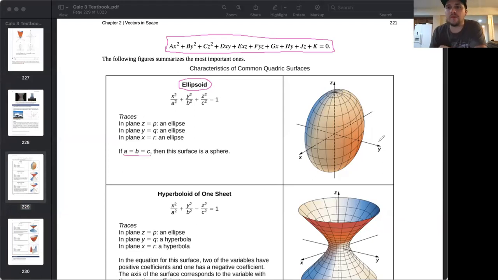Think about a football maybe, but not with the pointed ends, with rounded poles. And so you look at the traces here, and what's an XY trace? An XY trace is going to be something like this, which is an ellipse. You can look at an XZ trace. Let's use a different color, one that'll show up here.